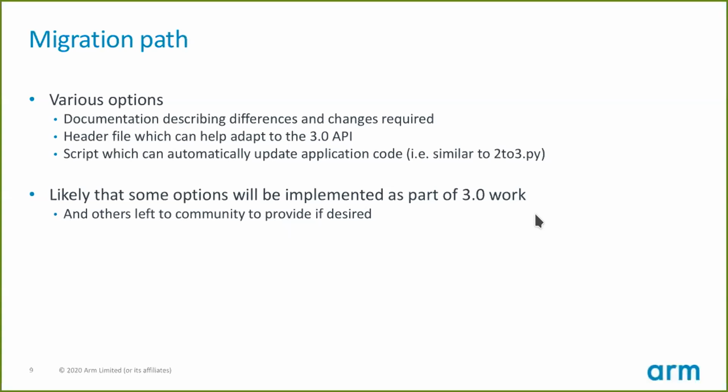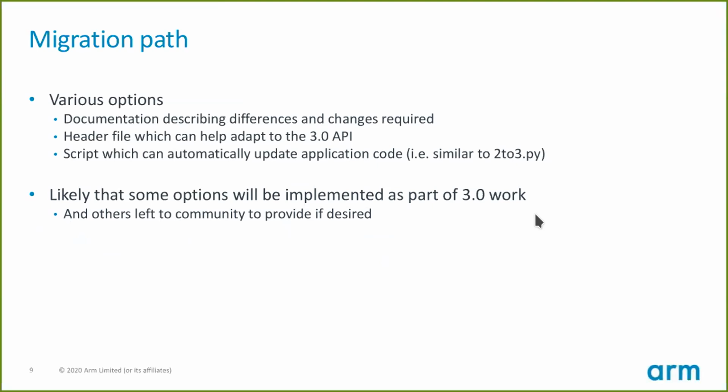If you do want to migrate, there will, of course, be documentation explaining, well, if you were using this function, here's what to use instead. We're considering other options. Will there be a header that you can include, which will enable some wrapper code, which will still give you the old API with obviously some overhead, but at least you'll have the old API.